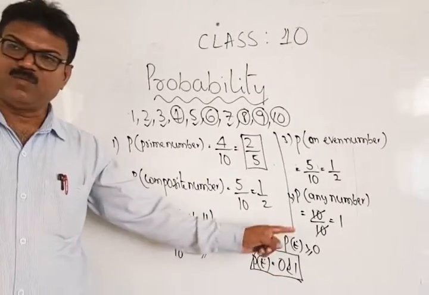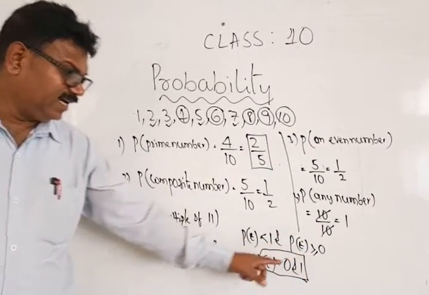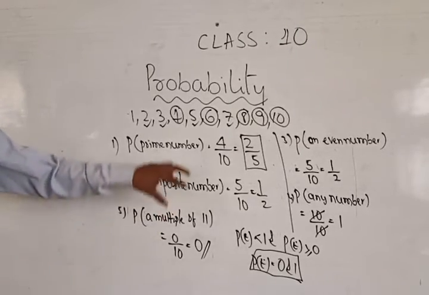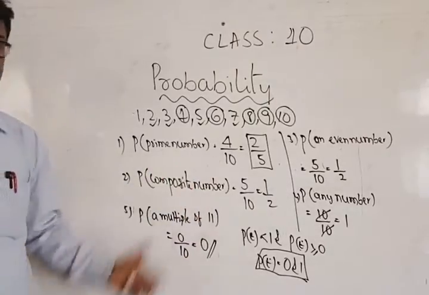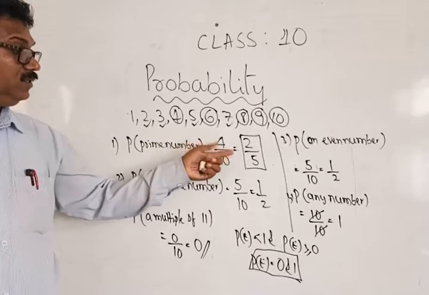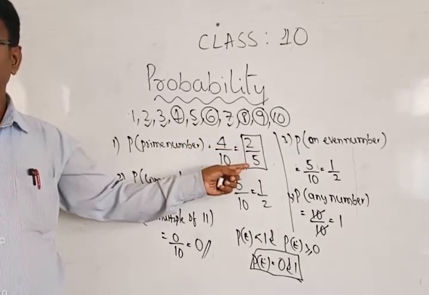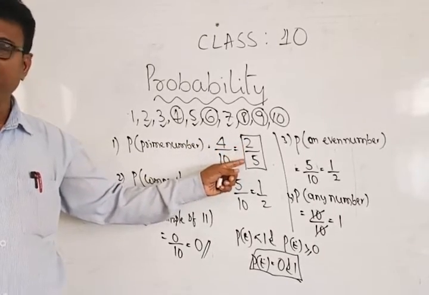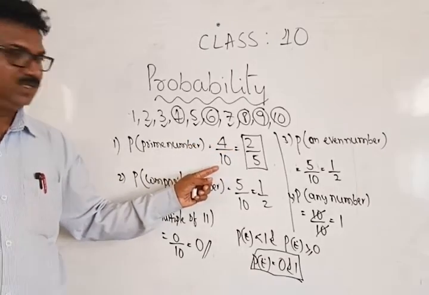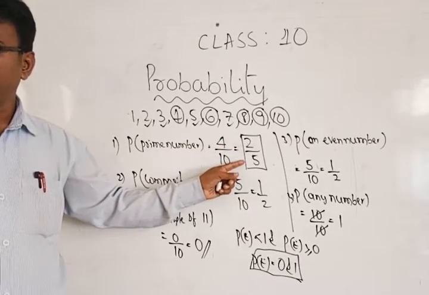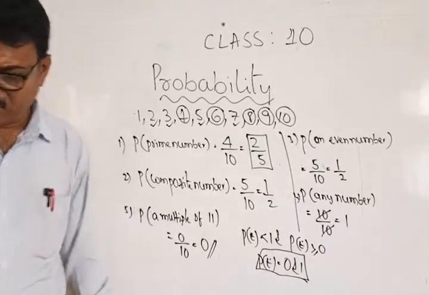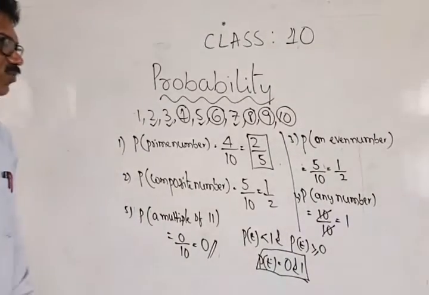Either it may be 0 or more, and 1 or less. So like this we have to solve the problem. Okay? If you leave it like this, they won't give marks. You should simplify it. If it can be simplified, you have to simplify. If it is not simplified, you keep it like that only. 4 by 10 should be 2 by 5. Okay? So like this problems are there. Please check out. I'll give one more example.